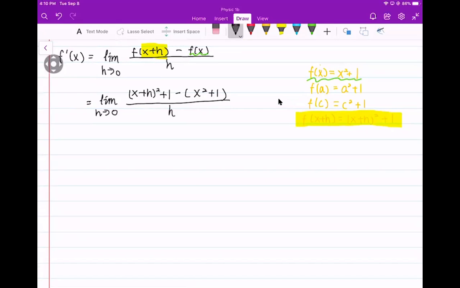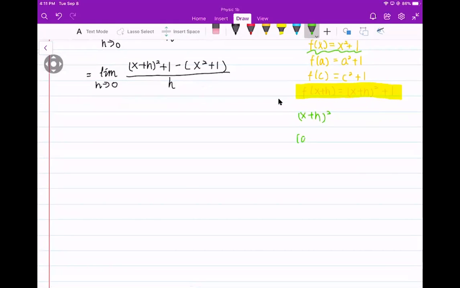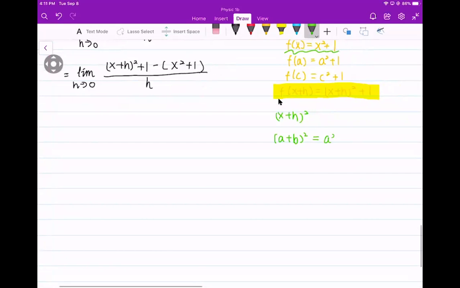Okay, so now what is (x plus h) squared? Let's recall what (a plus b) squared is. (a plus b) to the second power equals a squared plus 2ab plus b squared. Okay, this is the equation that we learned before. And we do the same thing for this part.